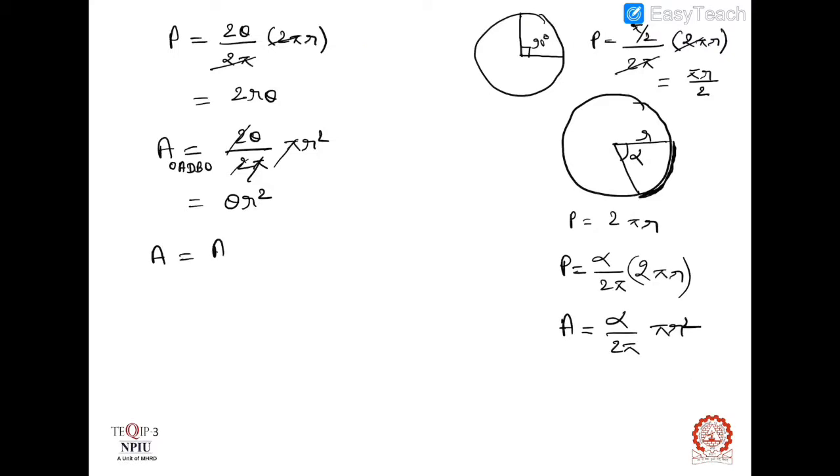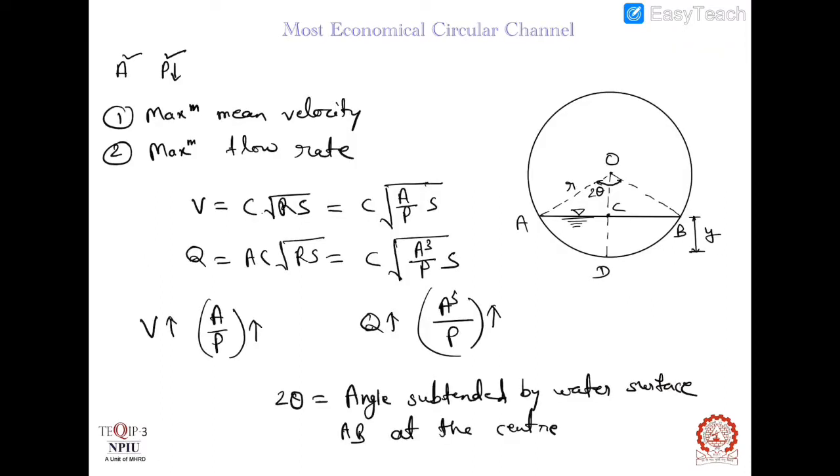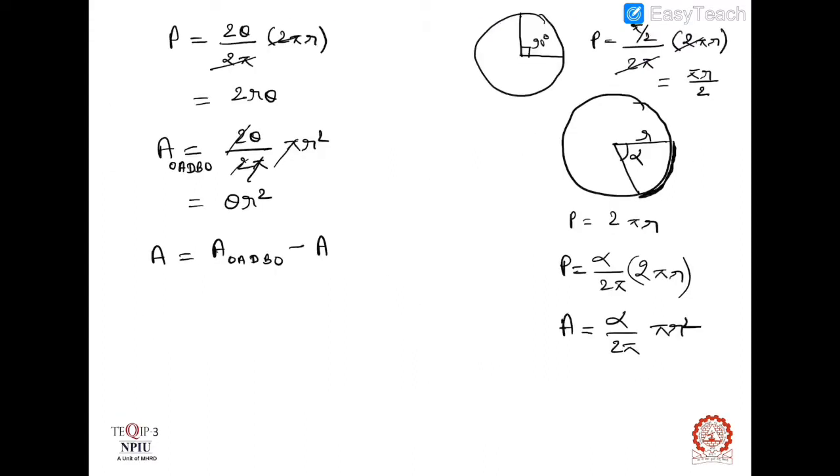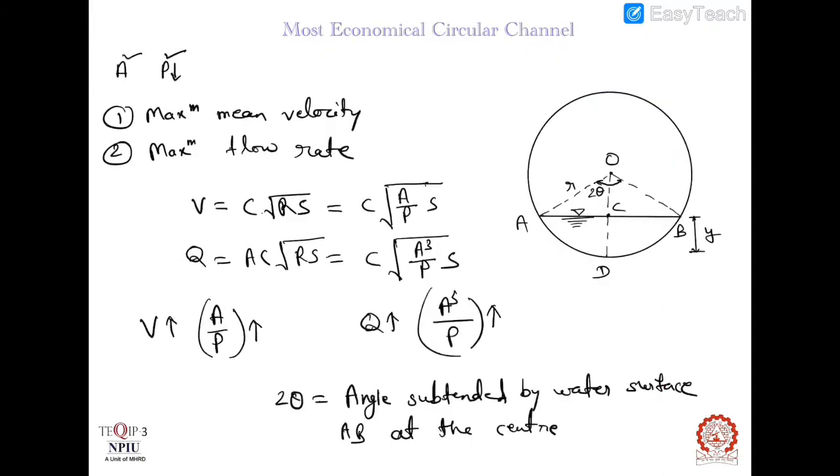A is equal to area of OADBO minus area of triangle OAB, which is theta r square minus area of triangle OAB. Area of triangle OAB is half of AB multiplied by OC.